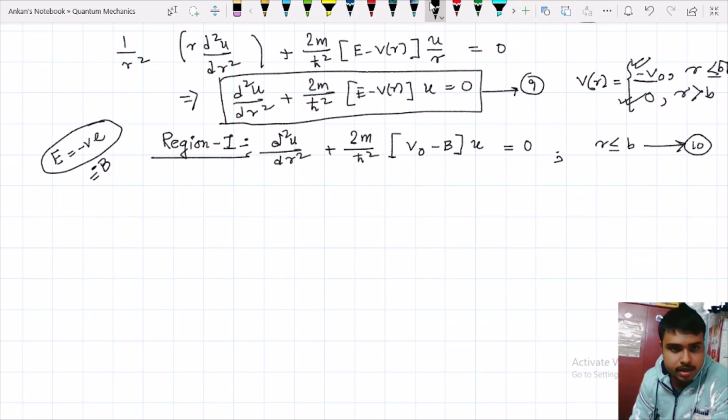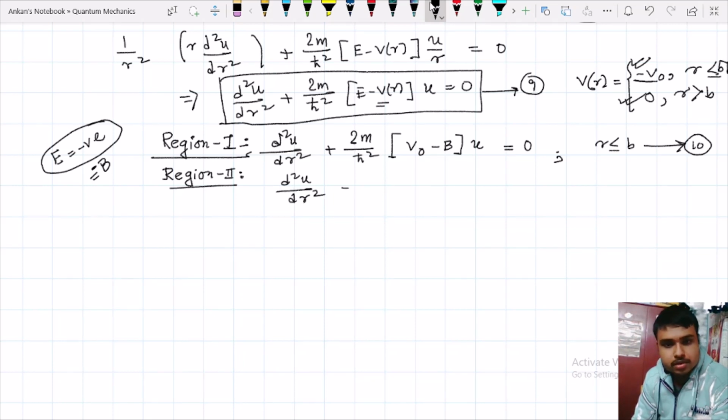And in region 2, the potential is 0, so d2u dr2 plus 2m upon h bar square into minus B into u is equal to 0.